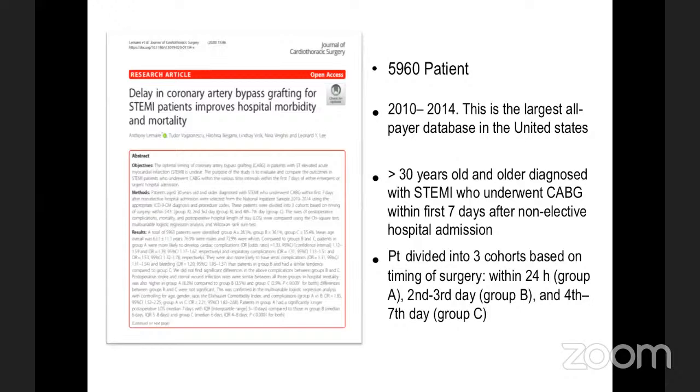They included patients older than 30 years old diagnosed with STEMI who underwent CABG within 7 days after urgent hospitalization. Patients were divided into 3 groups: group A within 24 hours, group B within the 2nd or 3rd day, and group C from the 4th to 7th day.